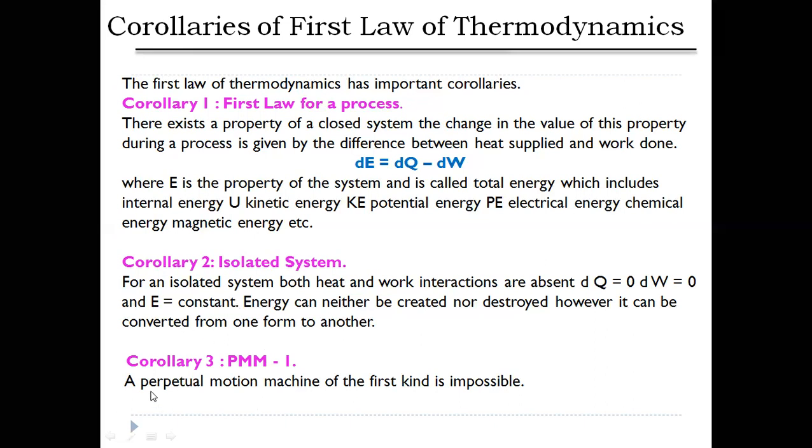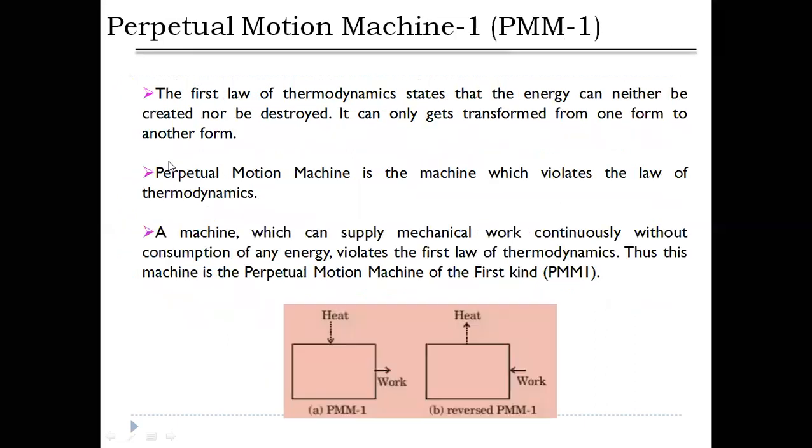Okay, coming to third corollary, it is PMM1. PMM1 is defined as perpetual motion machine of first kind. In first law, we have stated that first law of thermodynamics is a principle of conservation of energy.